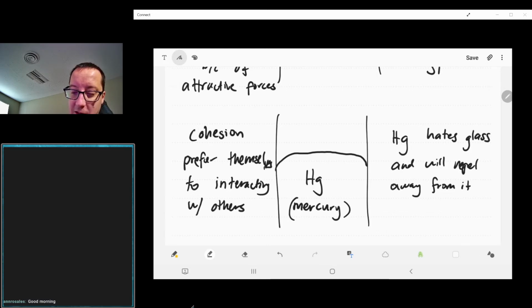You could think of cohesion as kind of introverted molecules. They just kind of want to be by themselves, and that's great. And then on the other side, you have the adhesive ones, which are more kind of the extroverts. They want to hang out with the other molecules. So we're going to see those are two other properties that we can have with regards to intermolecular forces.